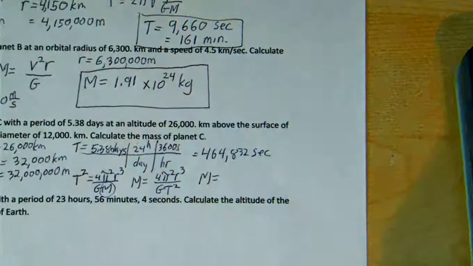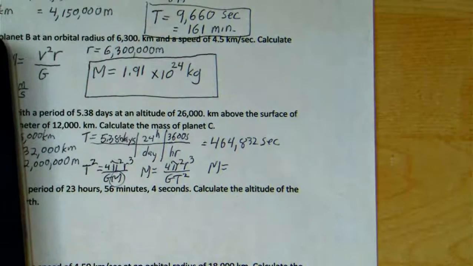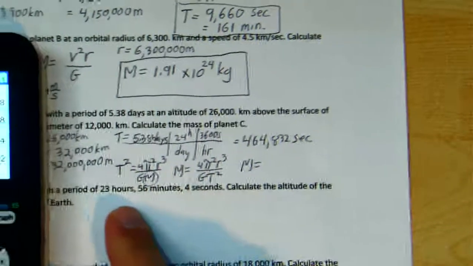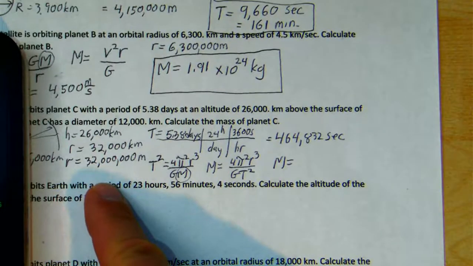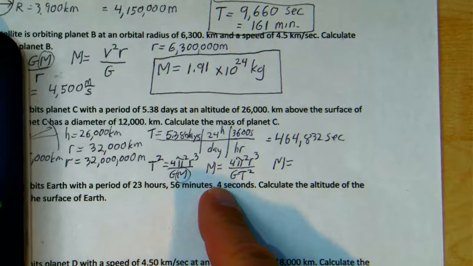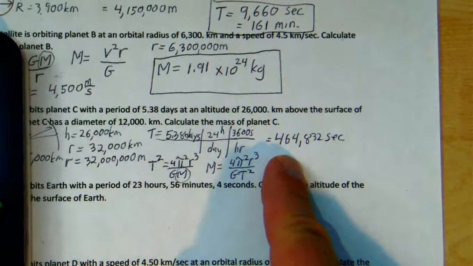Plugging in all these numbers, 4 pi squared times 32 million cubed, divided by G, divided by 464,832 squared.